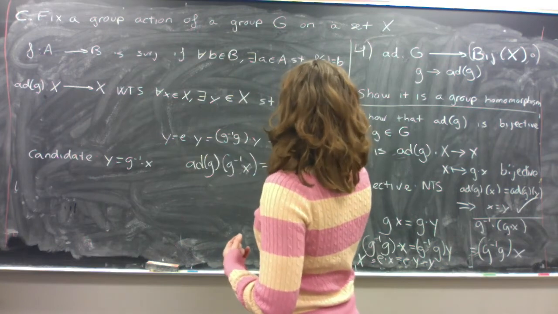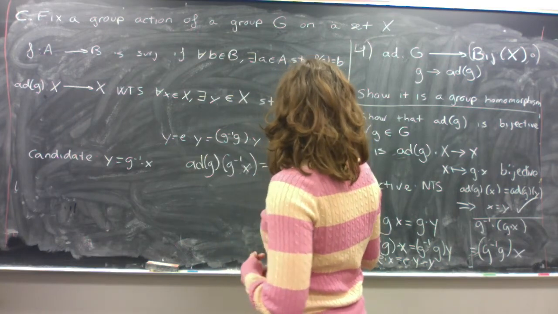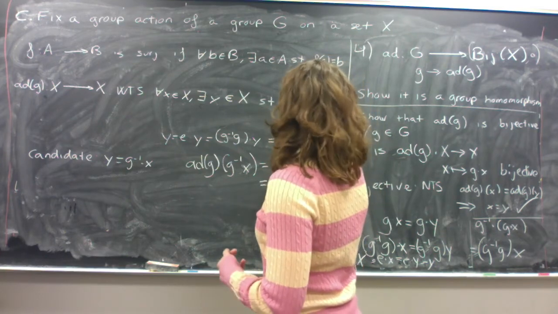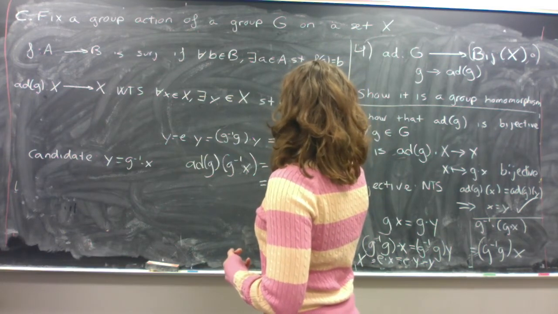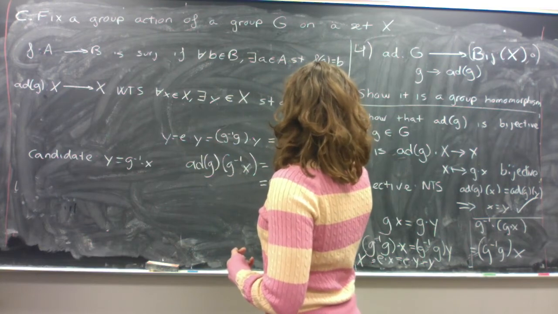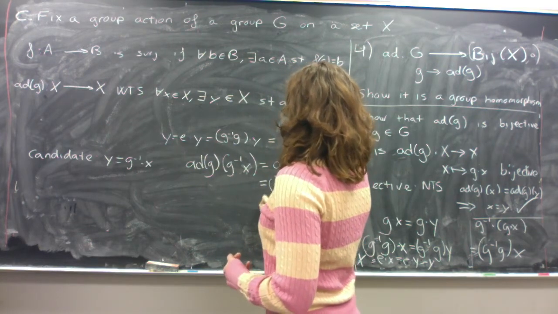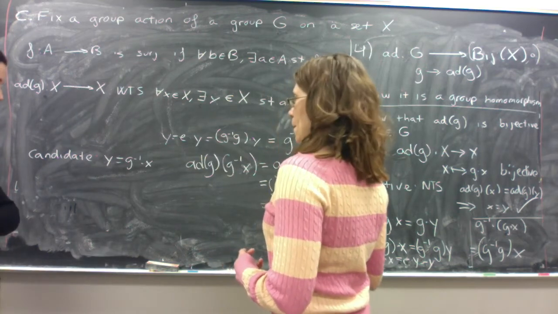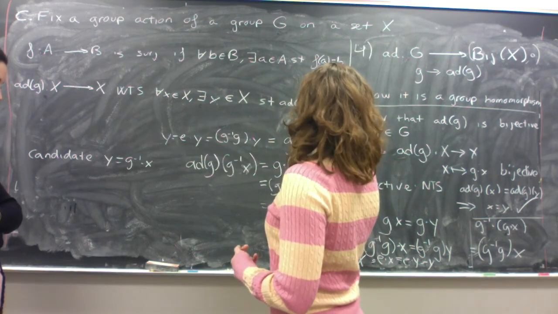That's the opposite order from what I did there, but we can still group them. Yeah, I agree. That's g inverse dot x, and this is the identity dot x. That's x.